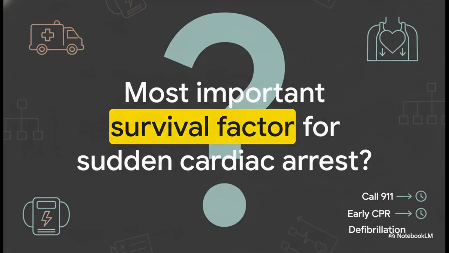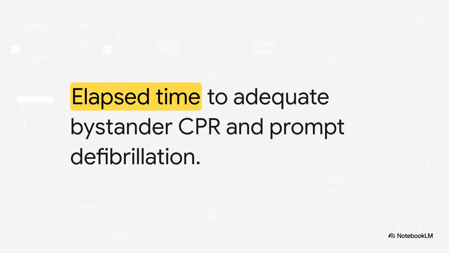Let's take a scenario outside the hospital walls for our final recall question regarding adult cardiac arrest. Pause here. What is the single most important factor for survival in an out-of-hospital sudden cardiac arrest? Elapsed time to effective resuscitation. It's really that simple. When you're managing adult cardiac arrest, you must immediately distinguish shockable rhythms, like VFib and pulseless V-tach, from non-shockable PEA and asystole.